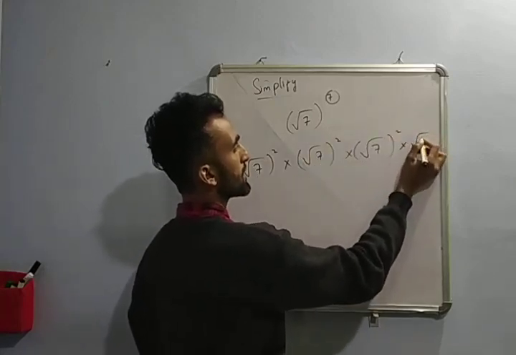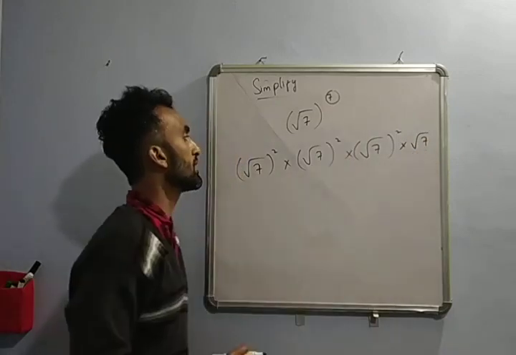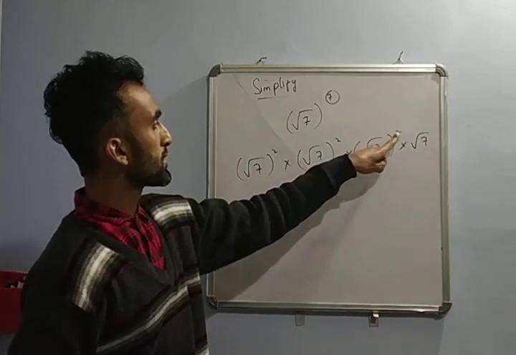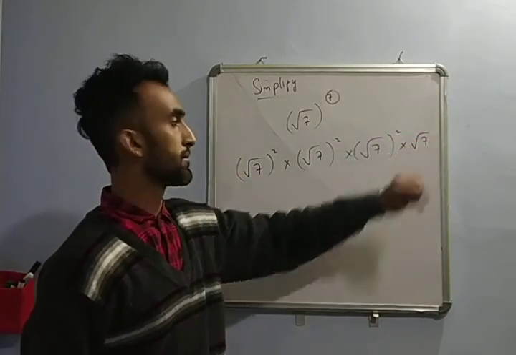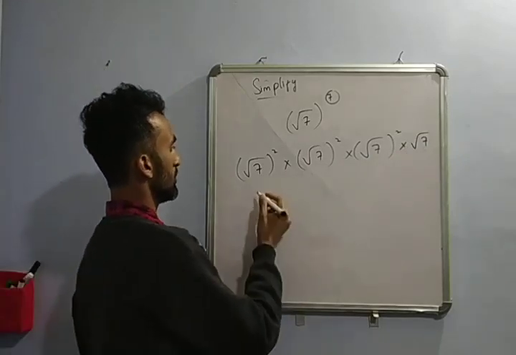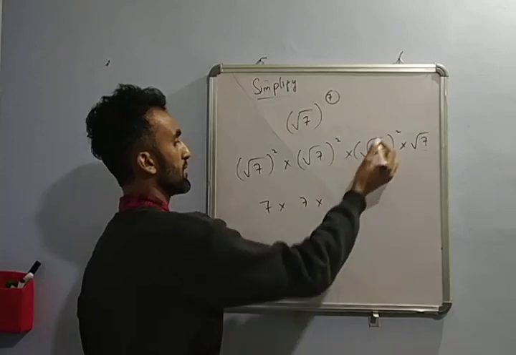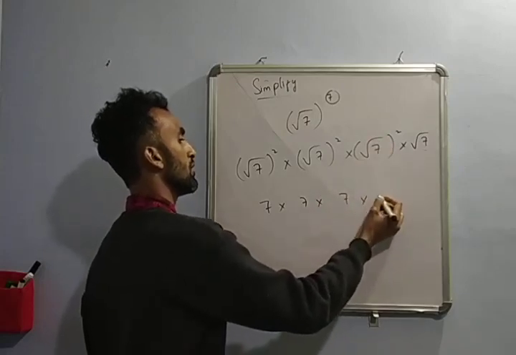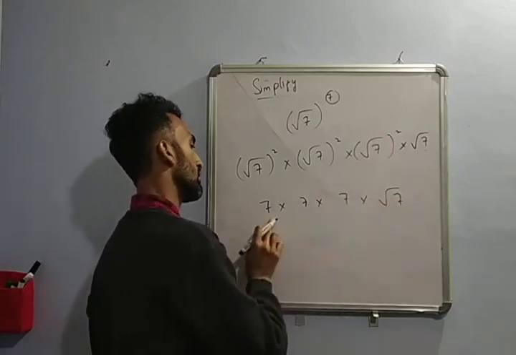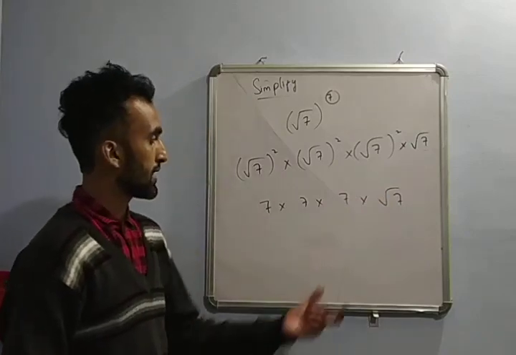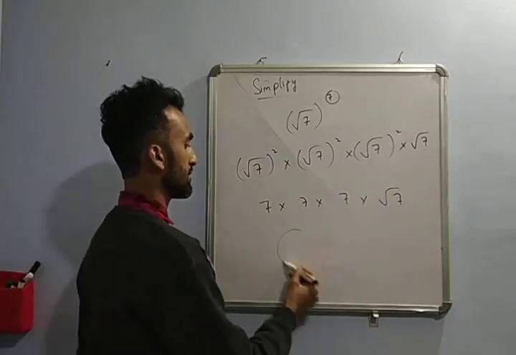One more root 7 is left because its power is 7. 2, 4, 6, 7. Power 1. Now root 7 square is 7, root 7 square is 7, and root 7 square is 7, and one more root 7.